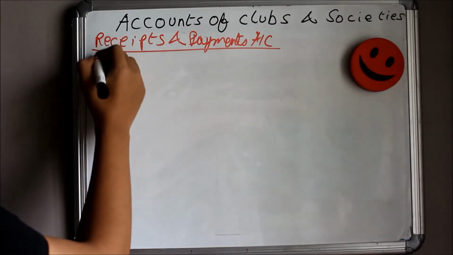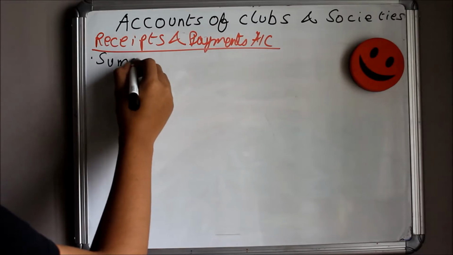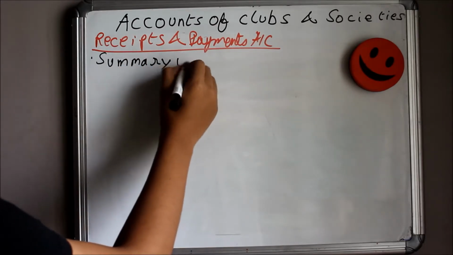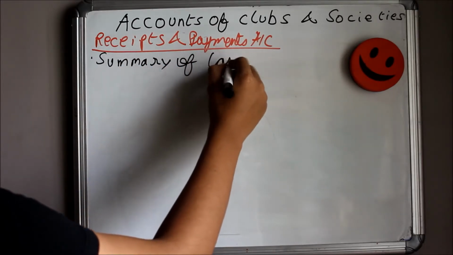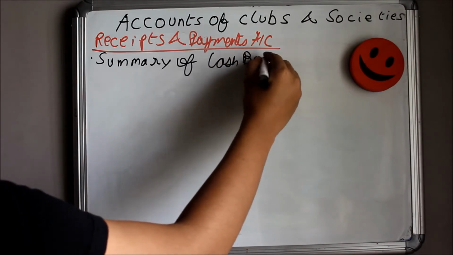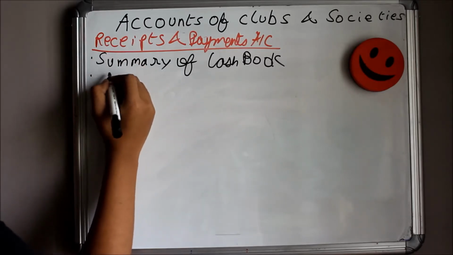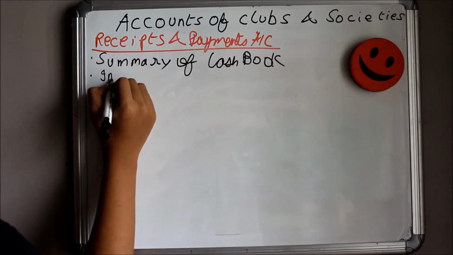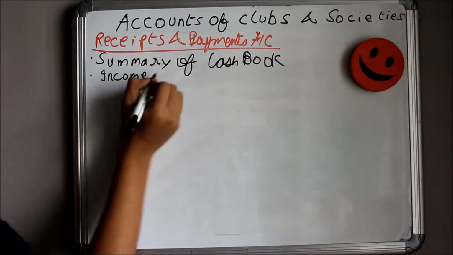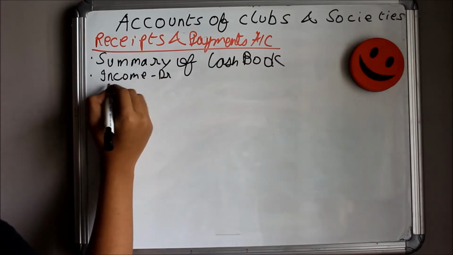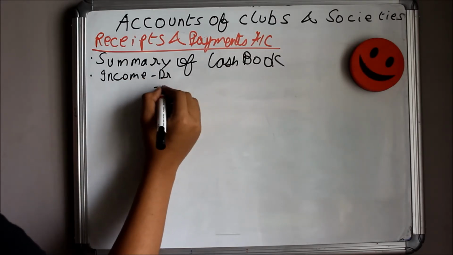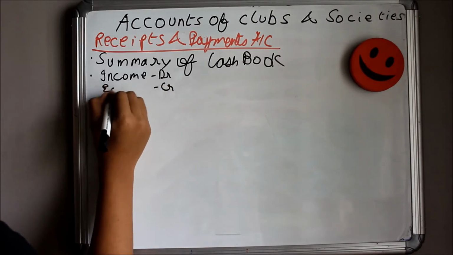So receipts and payment account is basically a summary of the cash book. The second point is very simple. On the debit side, write all the income, and on the credit side of the receipts and payment account, write all the expenses.